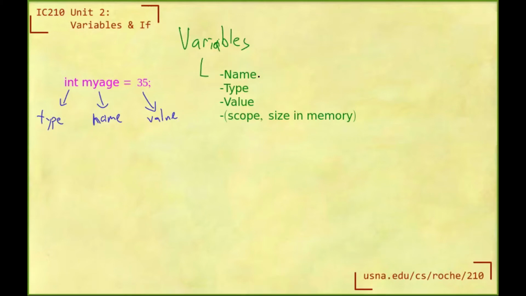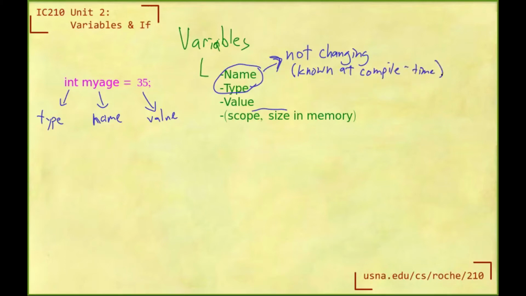But there's a difference between these three. So the name and the type, and actually these things down here as well, are all known at what's called compile time. So these things are basically not changing, they're known at the time that you compile your program.